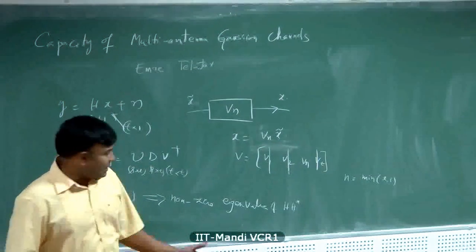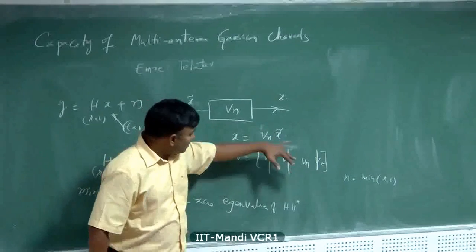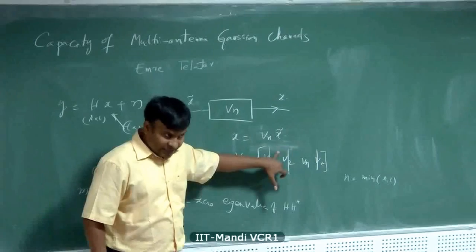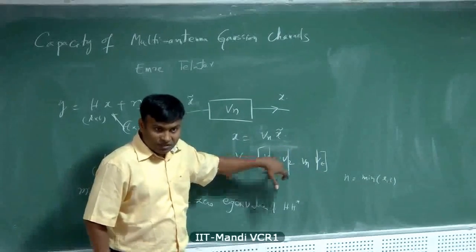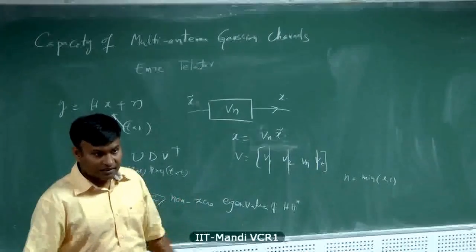However, in practice, you may apply separate modulation and coding on different elements of X tilde, X tilde 1, X tilde 2. They are separately encoded and decoded because they are parallel data streams.